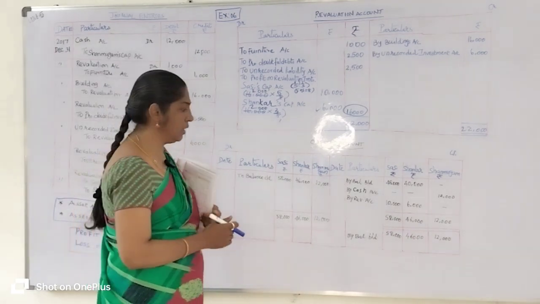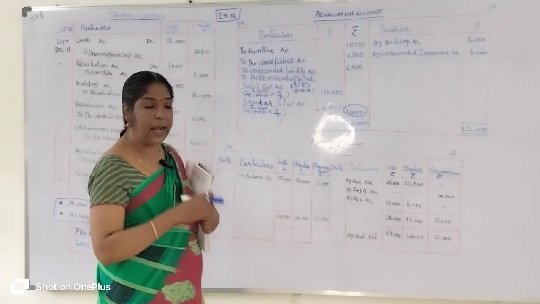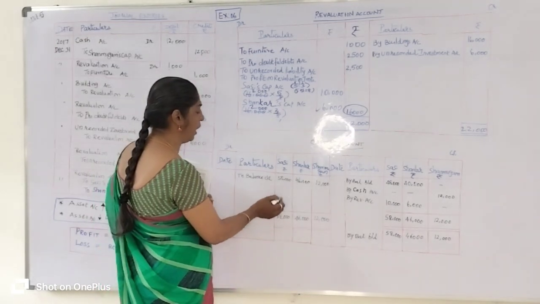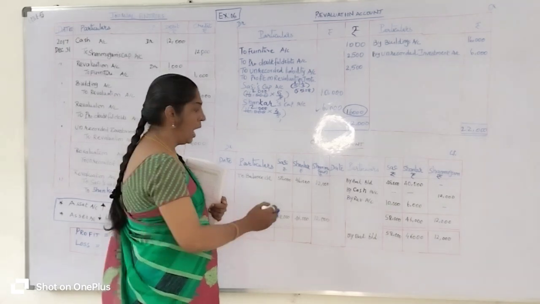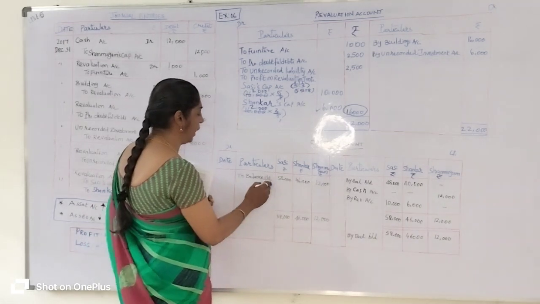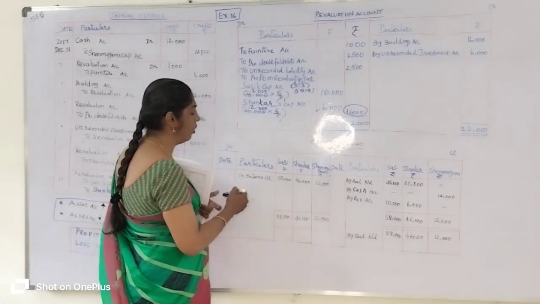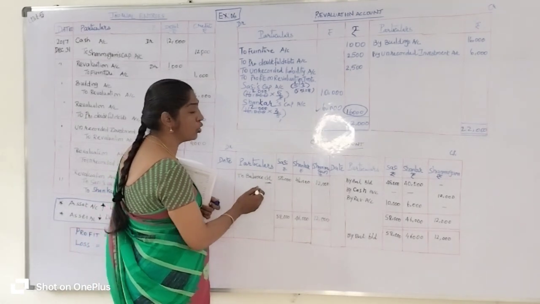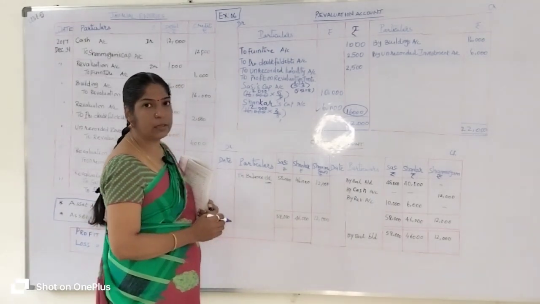Balancing the figure means on the debit side we don't have any value. So to balance it you are going to enter 58,000, 46,000 and 12,000 respectively. Against this you are going to write to balance c/d. What is meant by to balance c/d? To balance c/d means closing balance. C/d means closing balance.